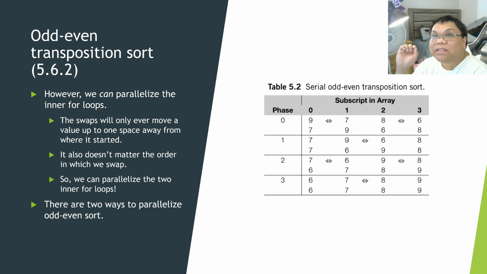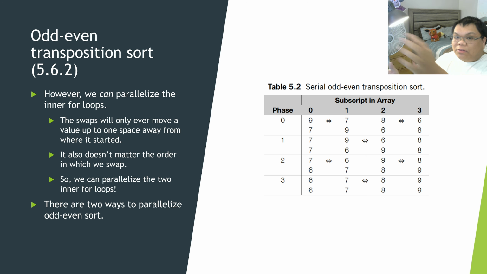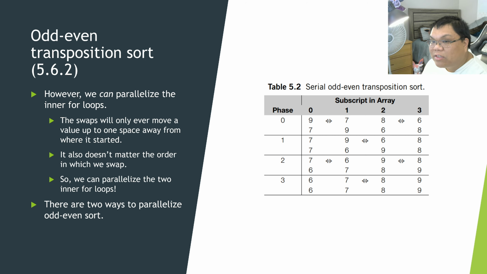Basically, what's going on is this. For the swaps, an element is swapping with the element to the left or the right. Basically, it's doing a swap with its neighbor. But the thing is, a swap with its neighbor does not affect the swap with some other threads. An element swapping with its neighbor does not affect some other element swapping with its neighbor. Which means we can do these swaps in any order we want.